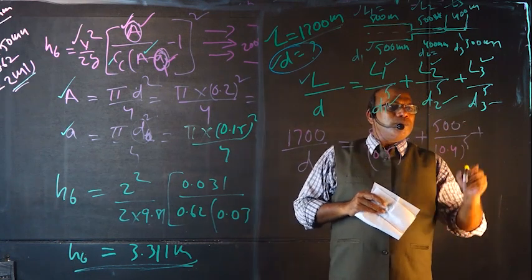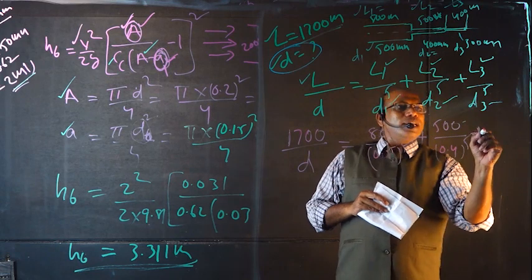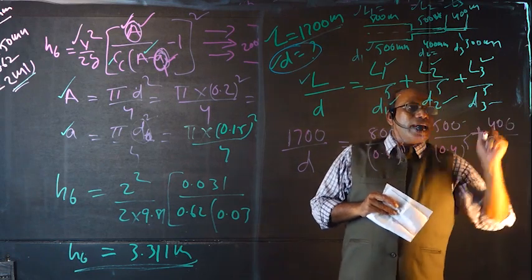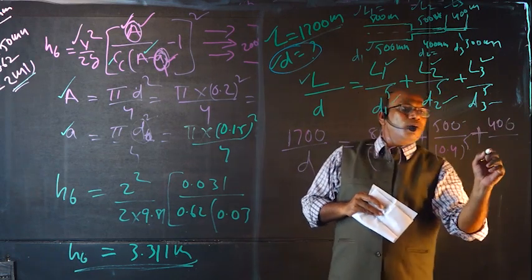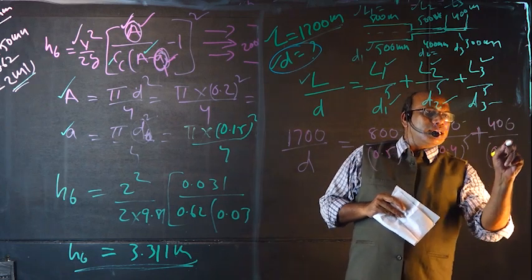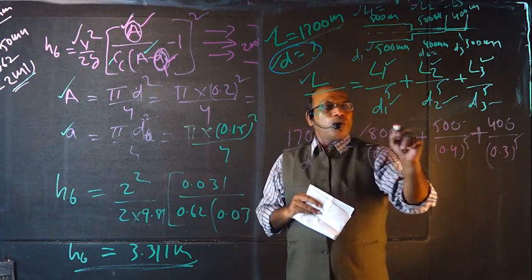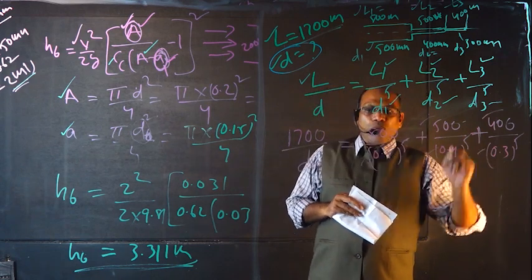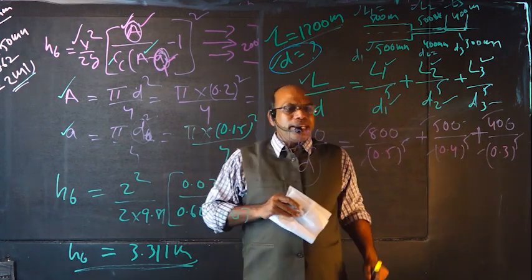And the last pipe, the length is 400 meters and the diameter is 300 mm, that is 0.3 meters, whole power 5. All are known values. Only unknown is D.